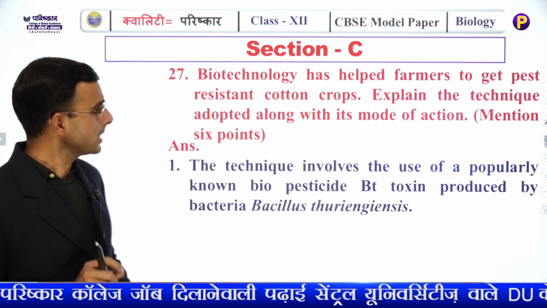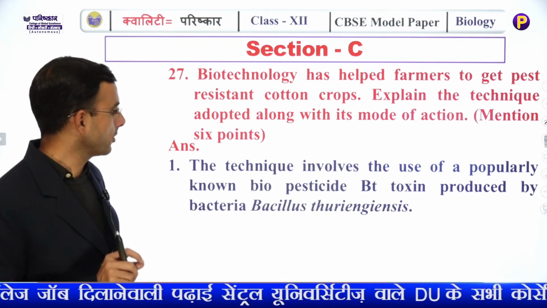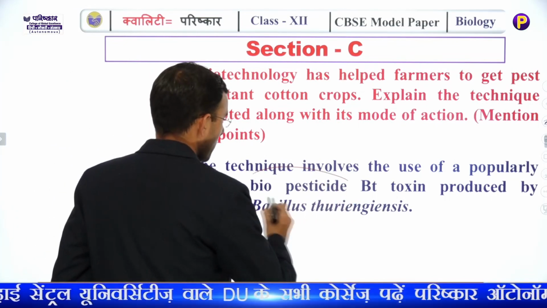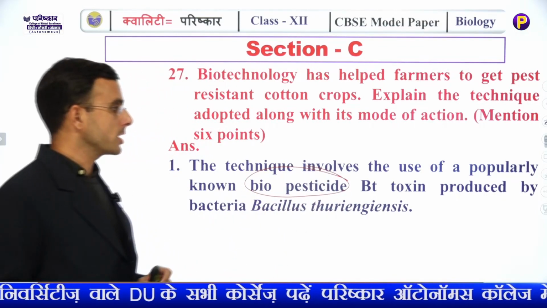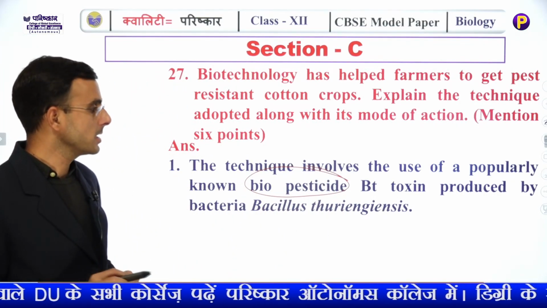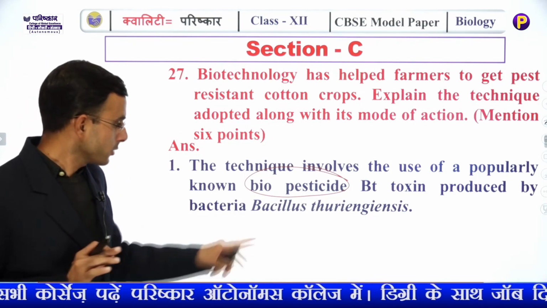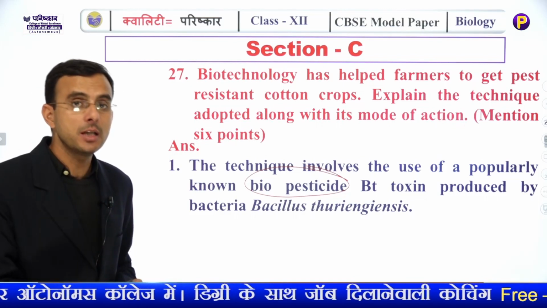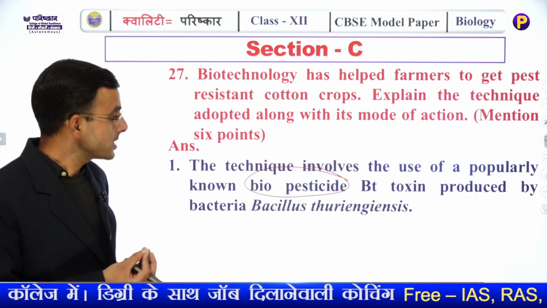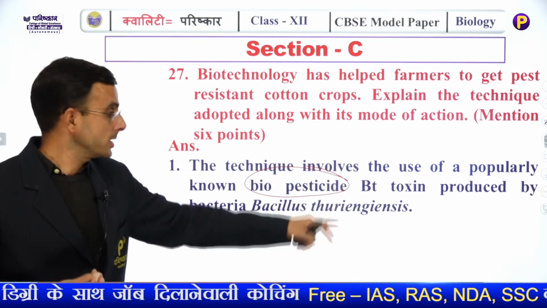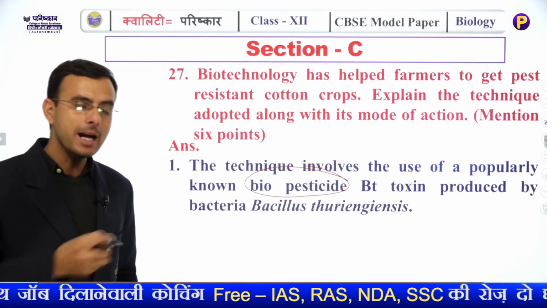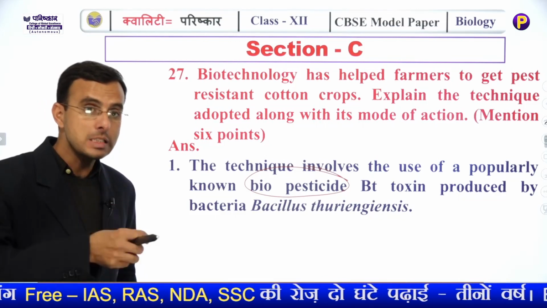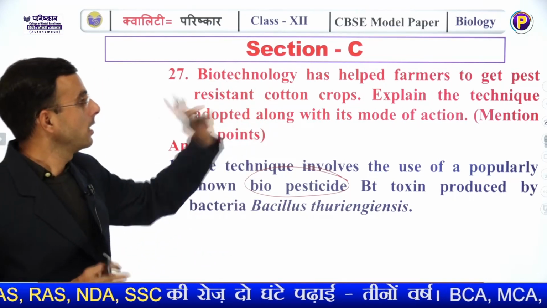The technique involves use of what are popularly known as biopesticides. In that biopesticide there is Bt toxin, produced by a bacterium, Bacillus thuringiensis. In that bacterium there is a gene which produces a toxin known as Bt toxin, and that Bt toxin affects the insect which is damaging the cotton crops.